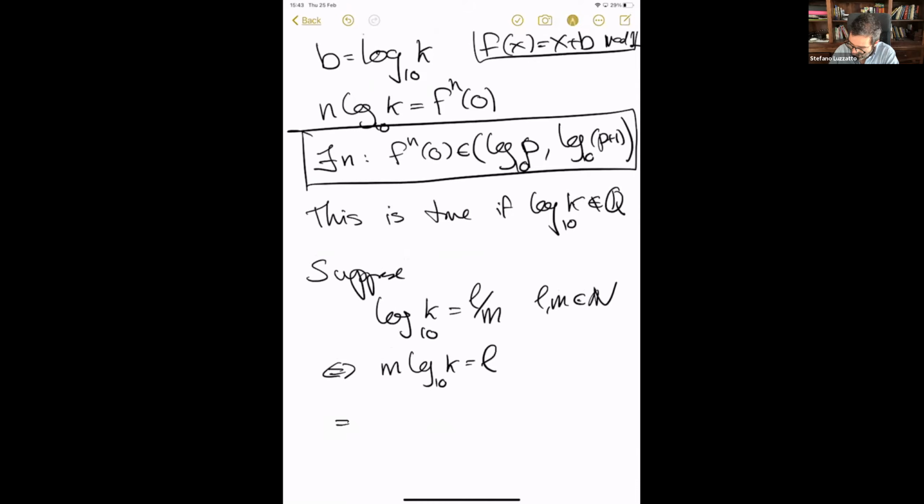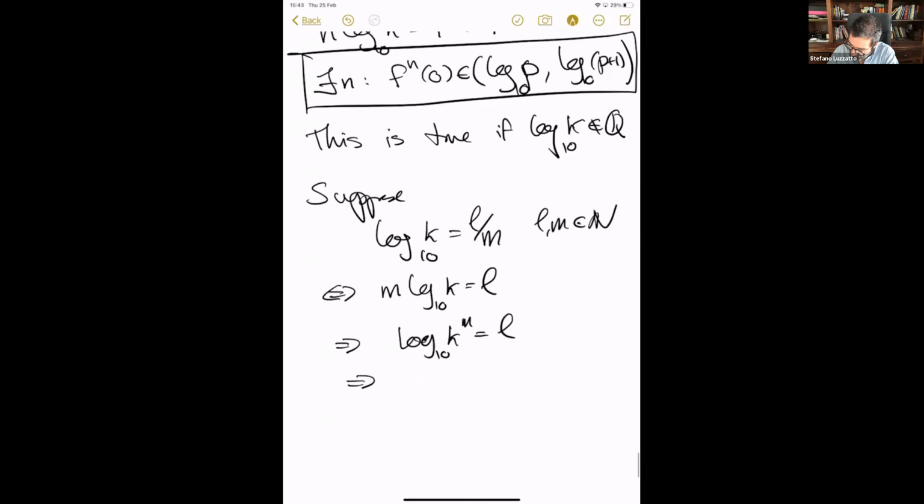And this is equivalent to saying that log base 10 of k to the m equals l, and this is equivalent to saying, taking exponentials, that k to the m equals 10 to the l.